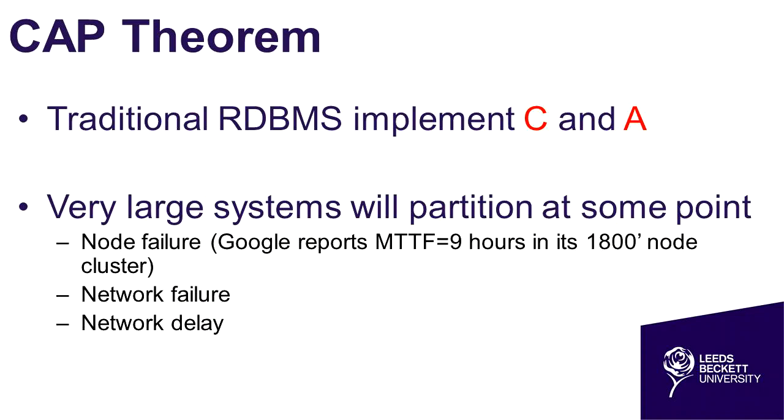Very large systems, even with RDBMS, could partition at some point, because of the amount of data they are handling, and this would likely result in things like node failure and network delay. So it's quite a dilemma really.